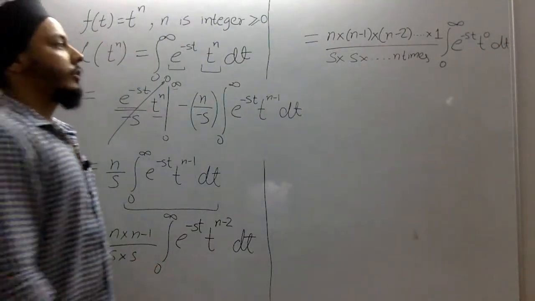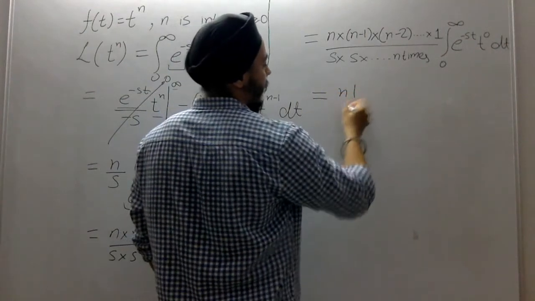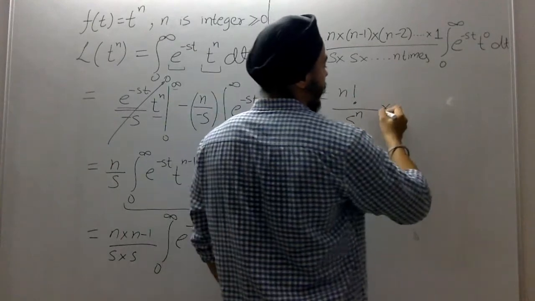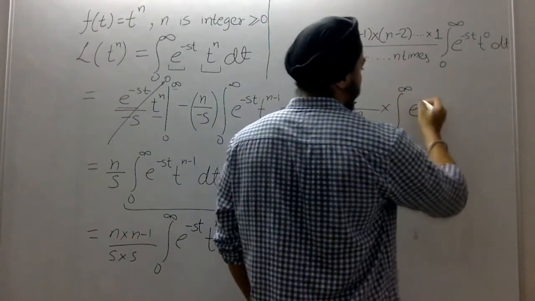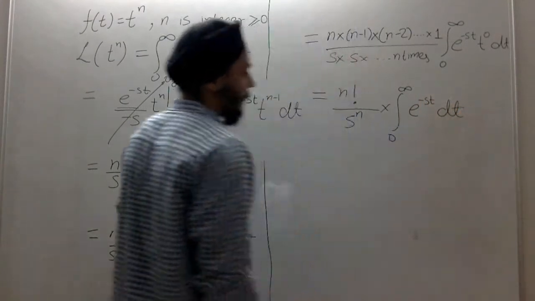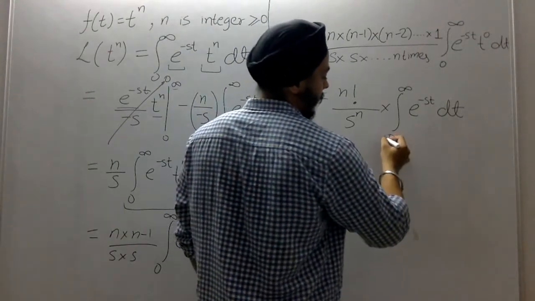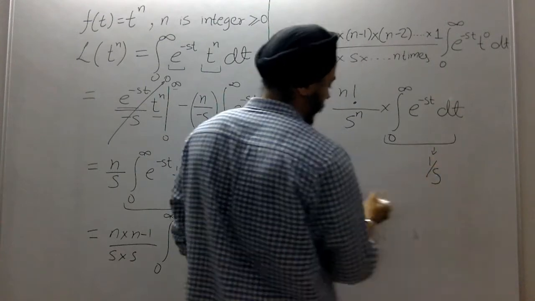Now t to the power 0 is 1, so our equation becomes n factorial over s to the power n multiplied by the integral from 0 to infinity of e to the power minus st dt. Now the integration of this function is 1 over s.